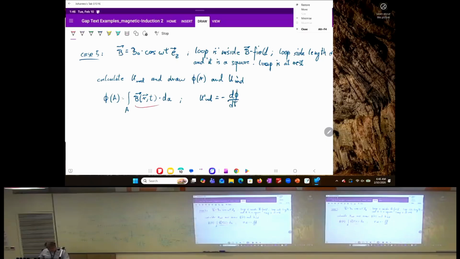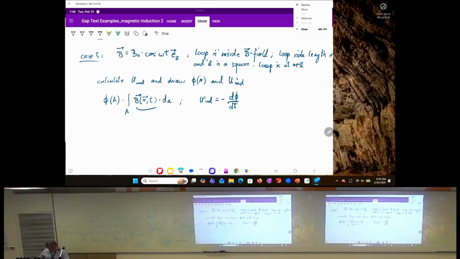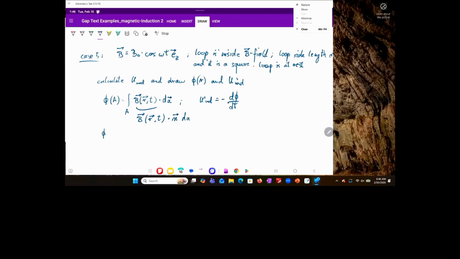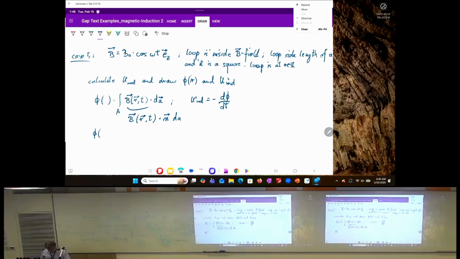If you look at the loop, this is the differential element dA with the normal vector. Phi can depend on area and on time, but now we assume that we only have a time dependence.